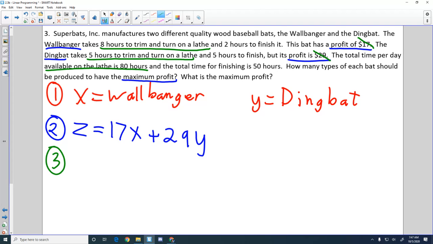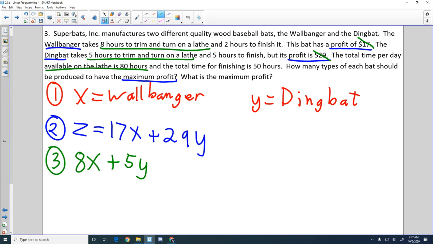In my baseball bat shop, I've got this tool called a lathe that helps me trim and turn the bat, basically like spin it really fast and get the shape that I want. And each of the two bats take a different number of hours, and there's this total amount of 80 hours on this machine. This is called the lathe. And so if it takes me 8 hours on the lathe for every wallbanger, I'd write that as 8x plus 5 hours on the lathe for each dingbat.